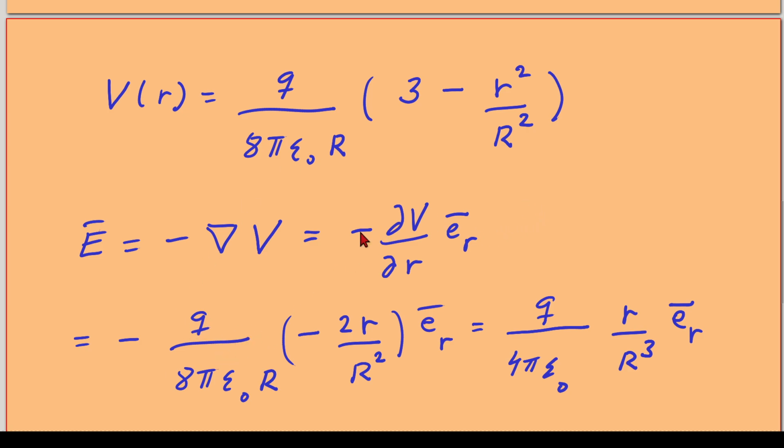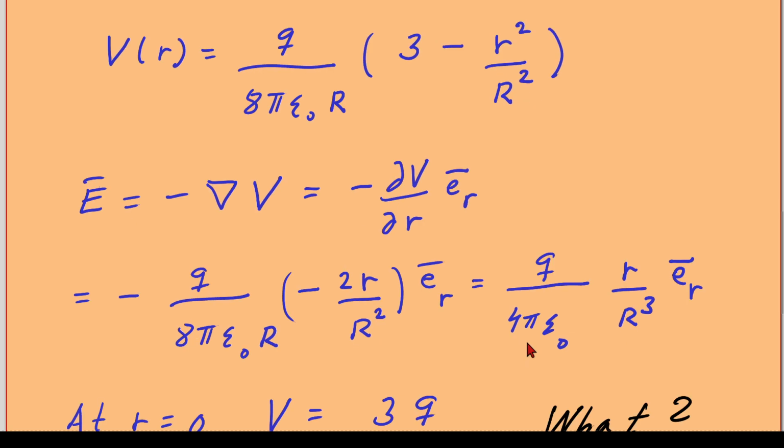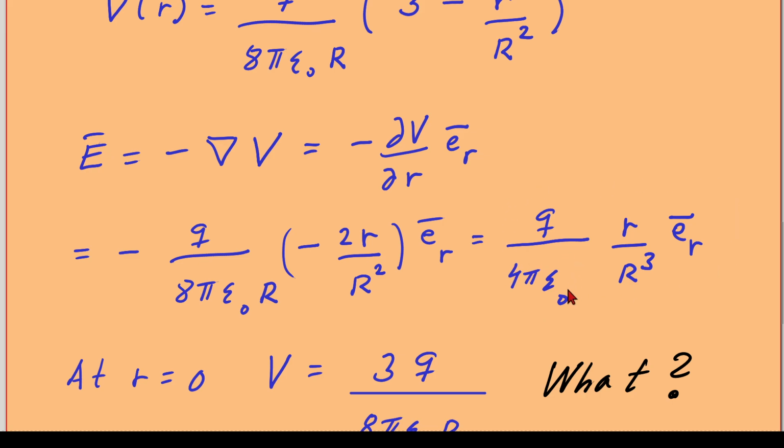Negative here, this is a constant, and then let the derivative act on those terms. The constant will be 0, so you get negative 2r over r squared. So that's the result, that's the electric field. At the center, r equals 0, you see the electric field is 0, as expected.